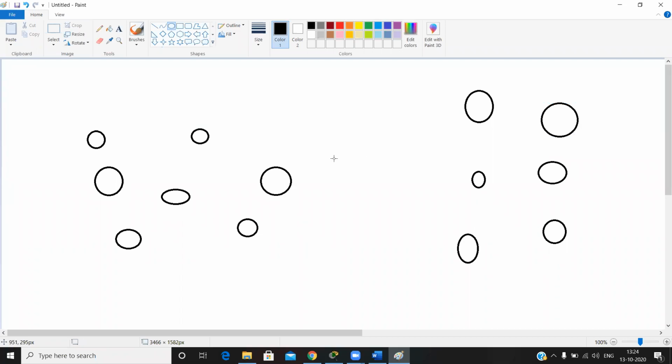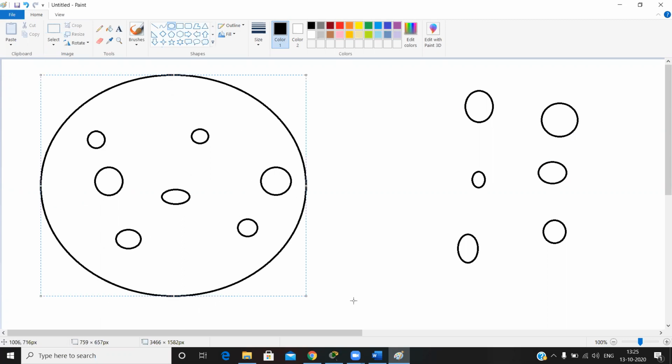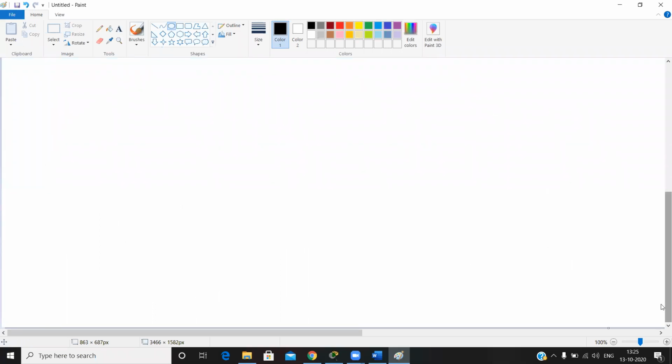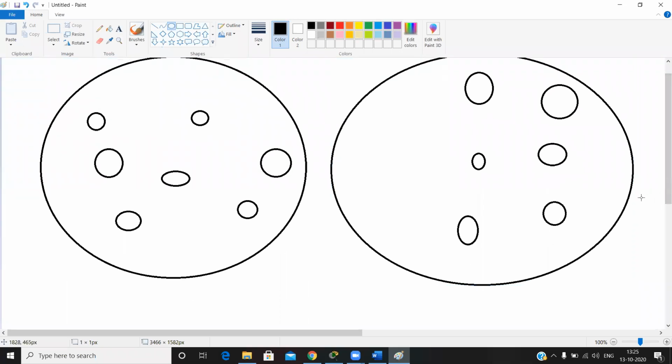So OSPF divides it into areas. I want to divide these 7 routers in one area and these 3 routers in another area. So for this, our database size is small.